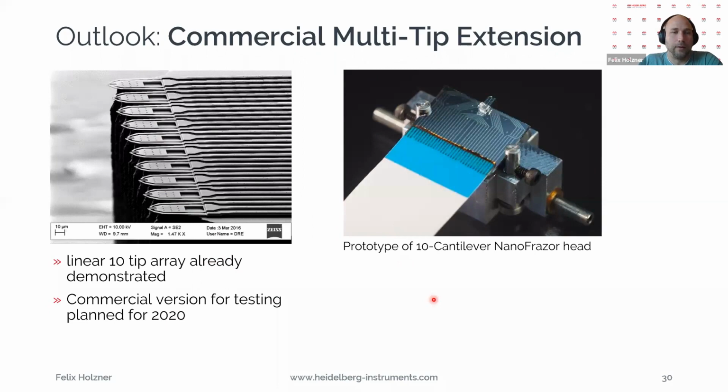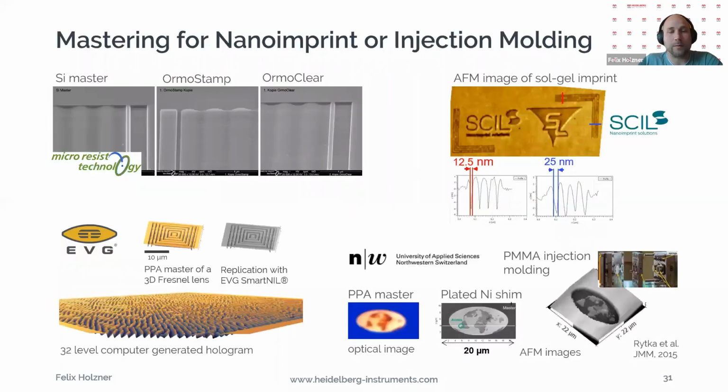If you operate each cantilever individually, you could increase the speed by up to a factor of 10. Then we also envision using many of these scan heads in one machine, but this is really future, not something we will have next year.